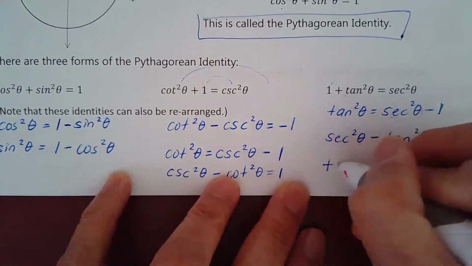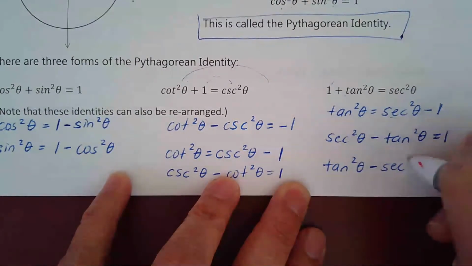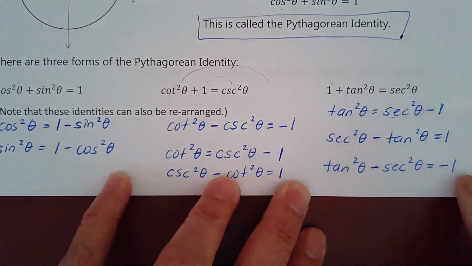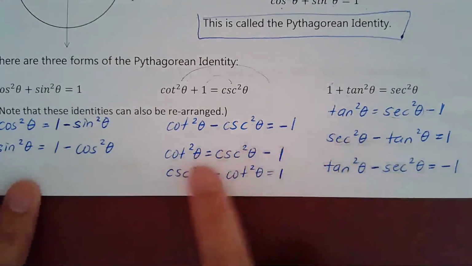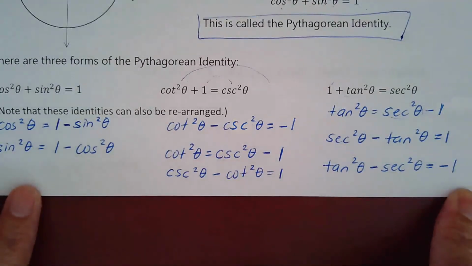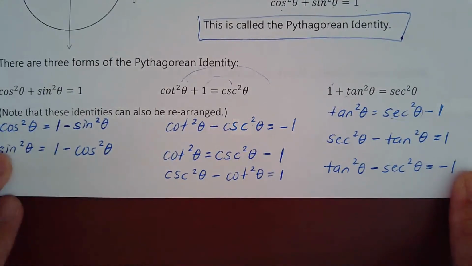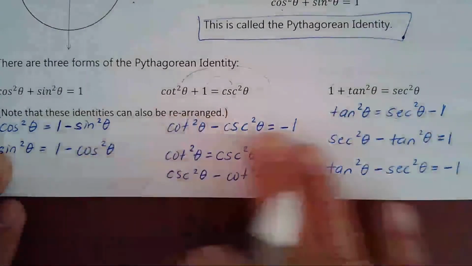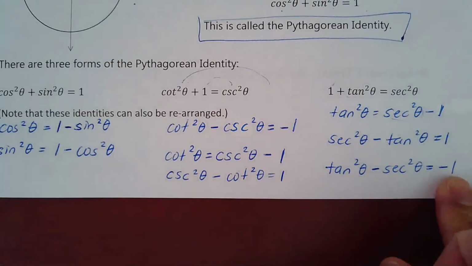So the other possibility is tan squared theta minus secant squared theta equals negative 1. So there are different varieties of writing this down for a trig identity. You're probably thinking, what's the point of all this stuff? We will talk about that later.